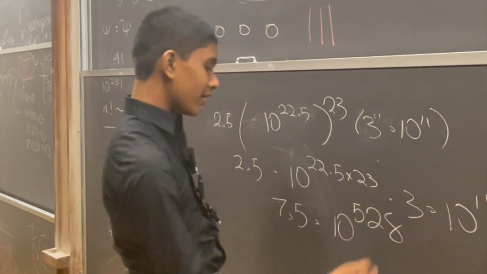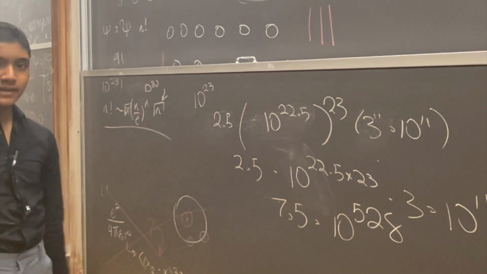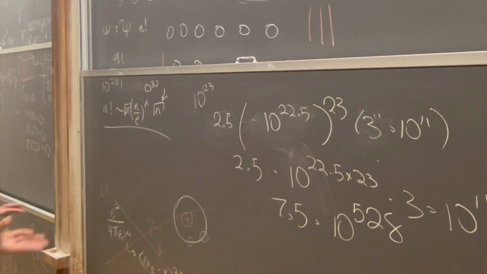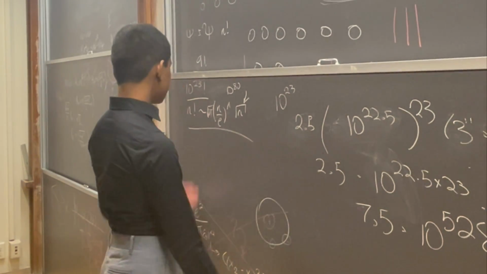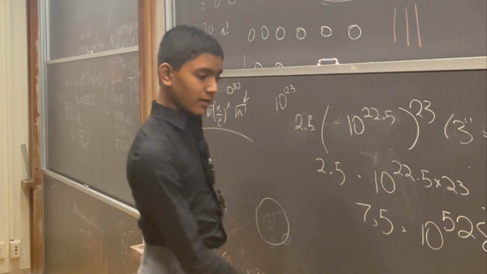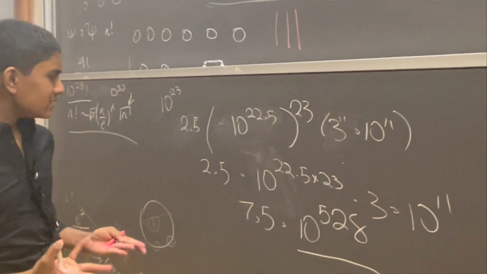Yeah, 7.5 times 10 to the 528. That took me like 2 minutes by hand. Meanwhile, you can't even guess what it would look like from just using the factorial. Certainly, I wouldn't have guessed it to be 10 to the 528.